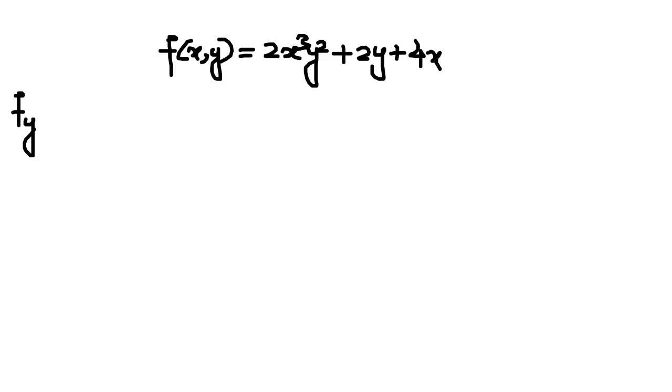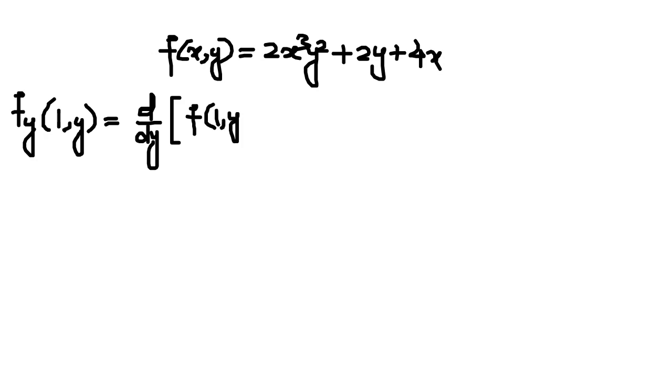So when you are doing the partial derivative with respect to y, you keep x fixed. So that is d by dy of the function at point 1 and y, and then y naught is equal to 3.